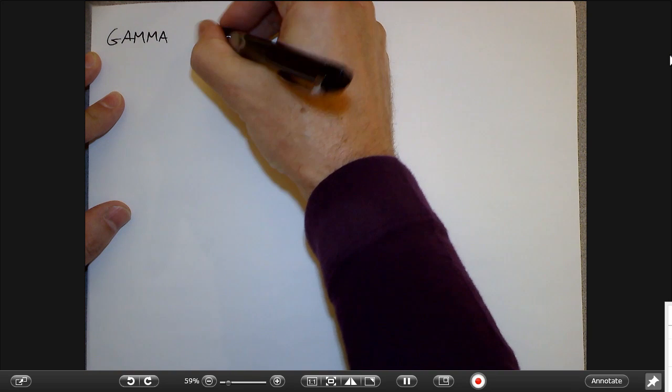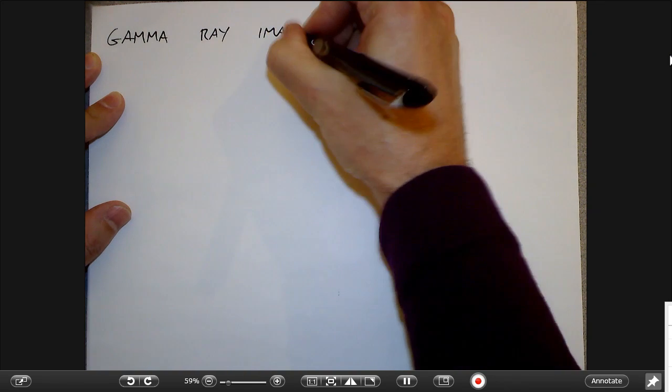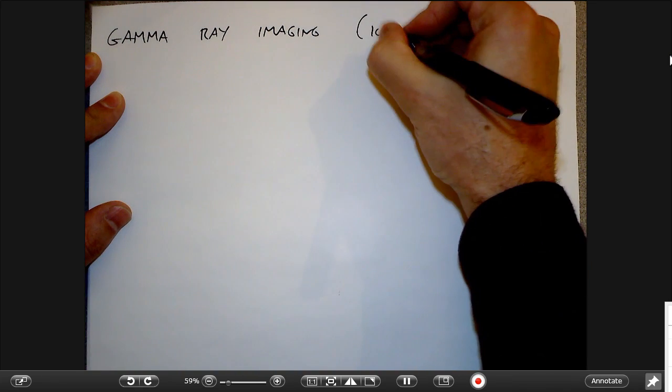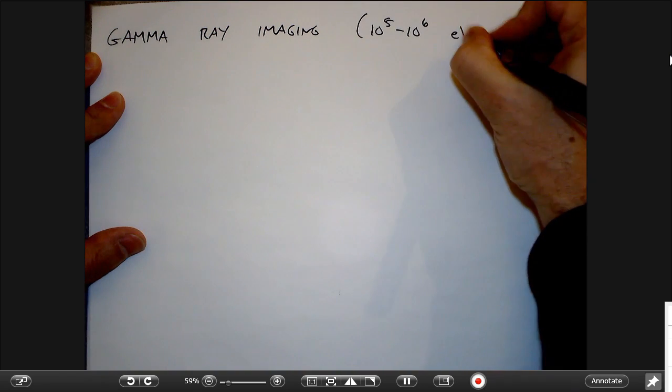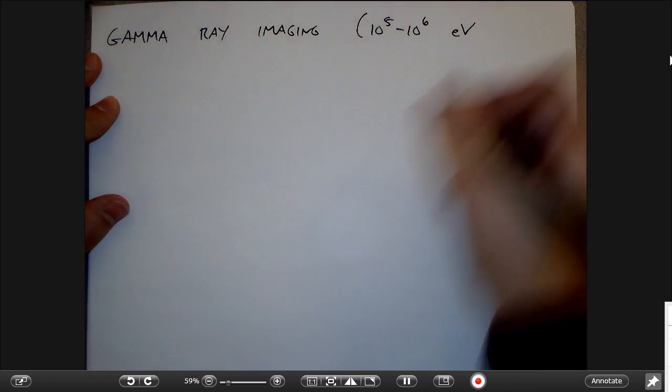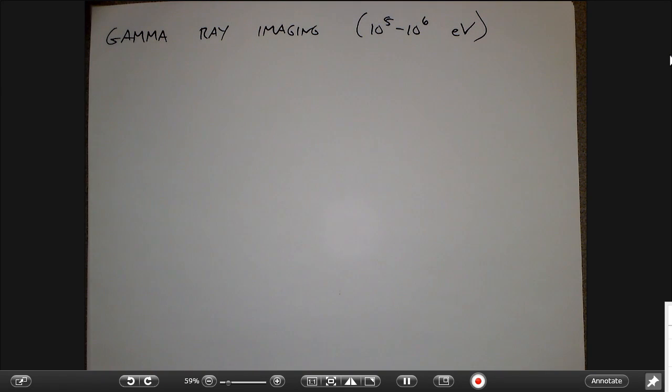So, okay, let's talk first about high energy stuff, gamma ray imaging. In terms of electron volts, that's probably in the millions or tens of thousands of electron volts. And so in terms of medical imaging, the most common place where you'd see this is a patient or a subject is injected with some sort of radioactive dye, okay?